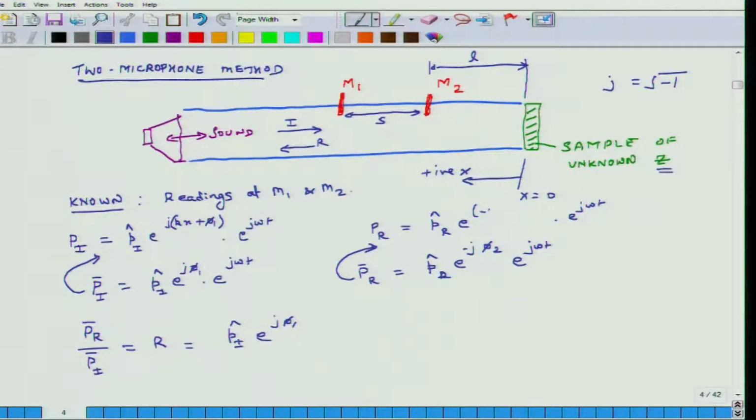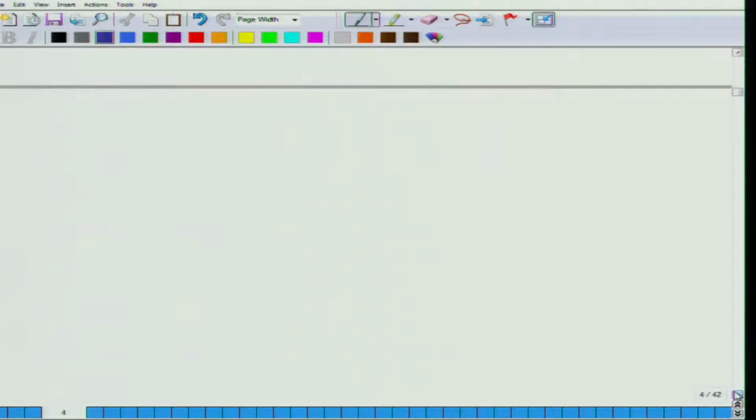This should be minus kx plus φ2. Okay, and then I have to of course multiply it by j, so this negative sign from here goes away. So this is equal to Pr hat e^{jφ2} over Pi hat e^{jφ1}. That's my reflection coefficient. So if I use these two things, then I can rewrite my expression for P.